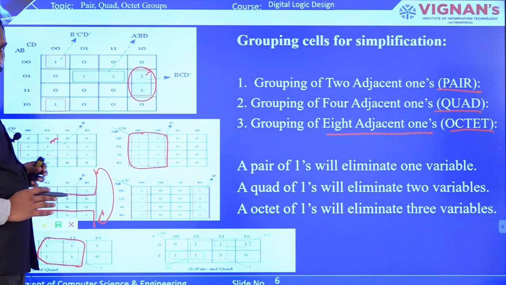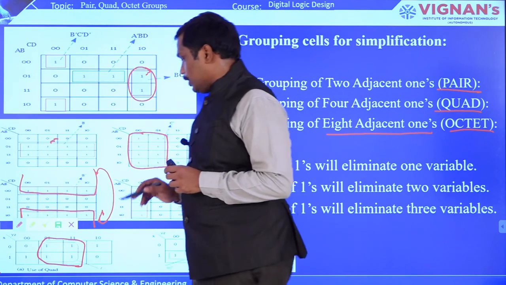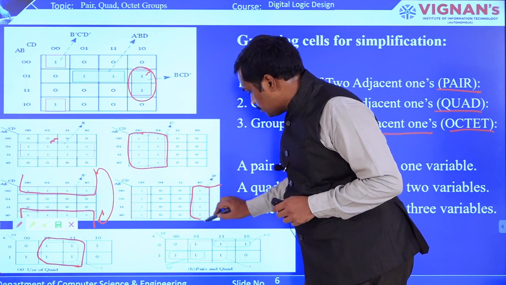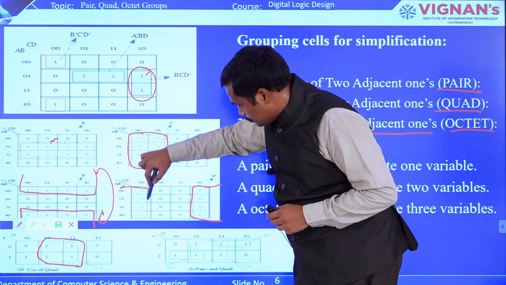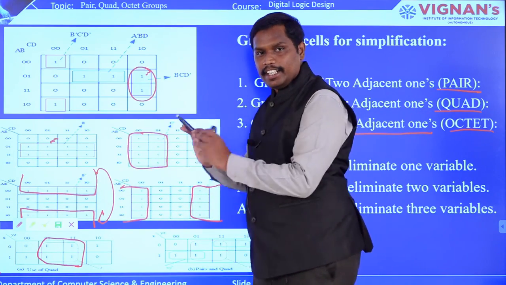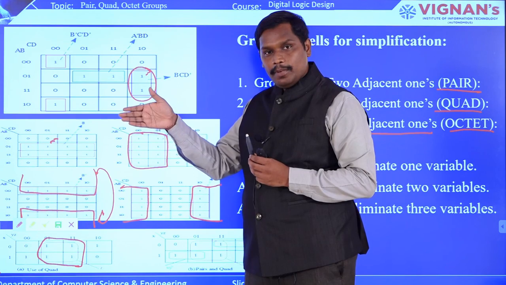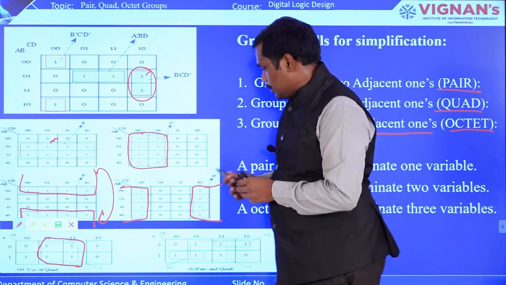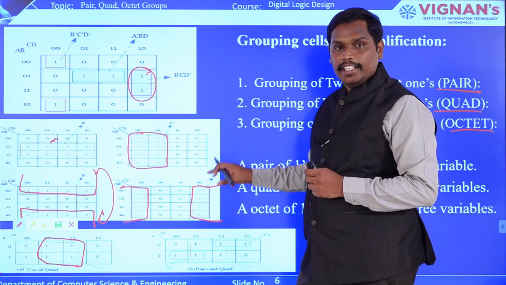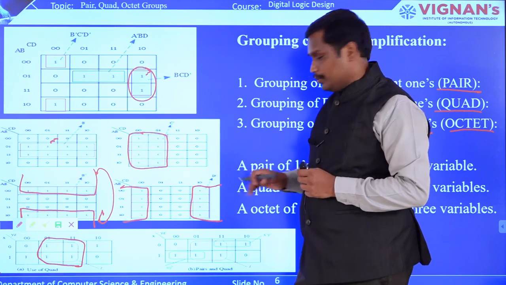Now you can see even from the left, it is connected to this side. From left to right, it is getting connected. As I told you, the Karnaugh map can have a twist. This is how you construct 8 adjacent ones, and this is called an octet, right?